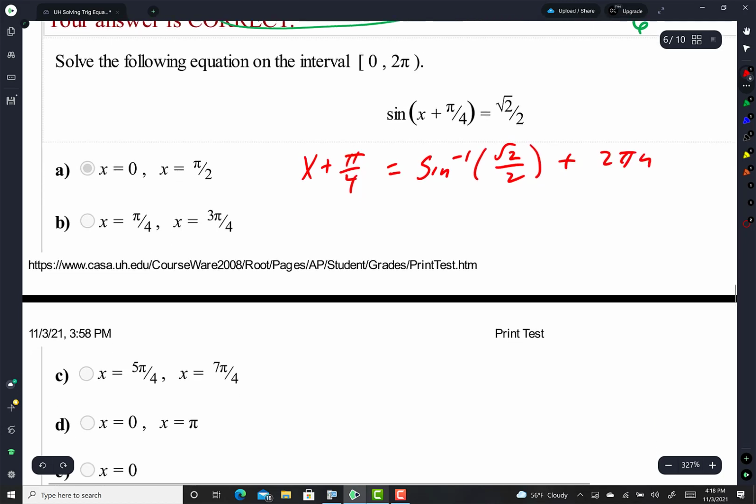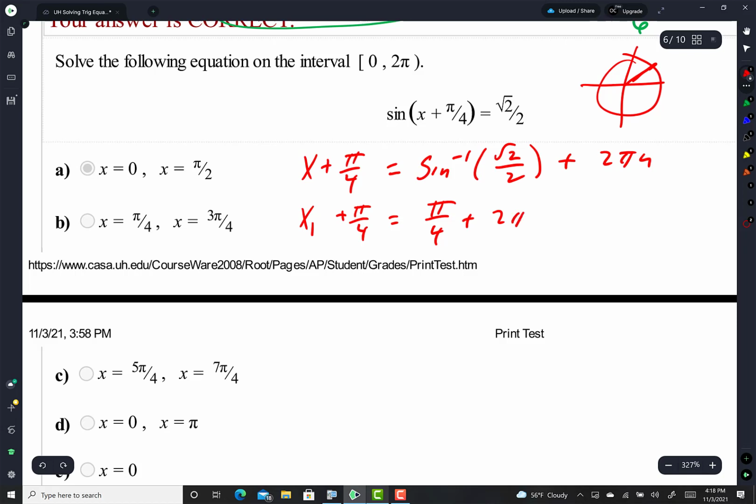We're going to have two equations. x1 plus pi over 4 equals, this first one happens on the unit circle at pi over 4 plus 2 pi n. And the next one, I'm going to write x2 right here, guys, happens at 3 pi over 4. So x2 plus pi over 4 equals 3 pi over 4 plus 2 pi n.